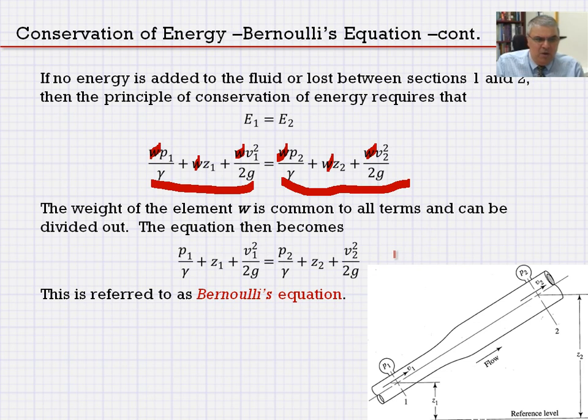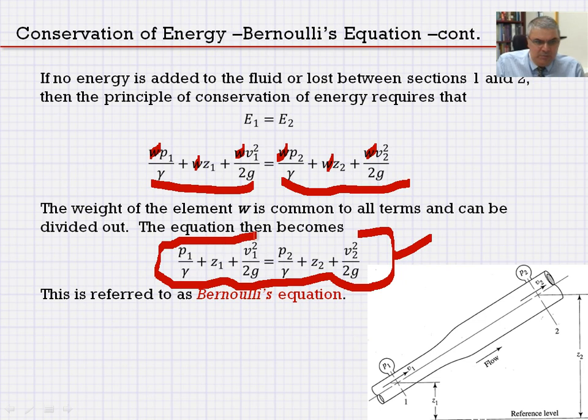And this is our wonderful Bernoulli equation, the equation that everybody has been waiting for. This is the wonderful Bernoulli equation that I'm going to enclose in red. So this equation is called the wonderful Bernoulli equation.